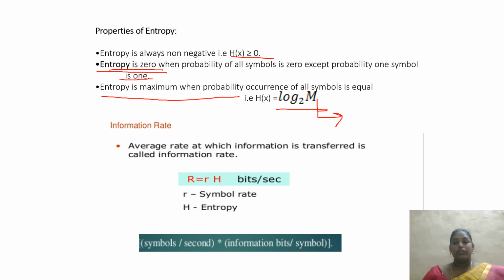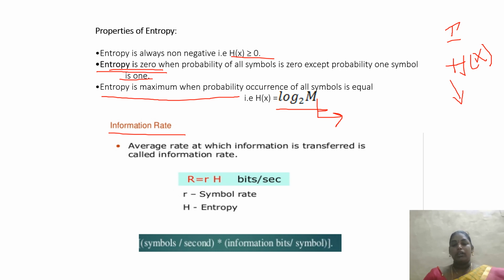Then we have seen the information content of an individual symbol and the average information content of the entire source. Then we need to know the rate of information, that is, how much information we are transmitting in how much time it takes to carry it from source to destination. This is denoted as the information rate, defined as the average rate at which information is transmitted in a particular time interval.